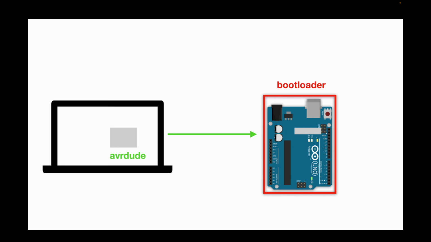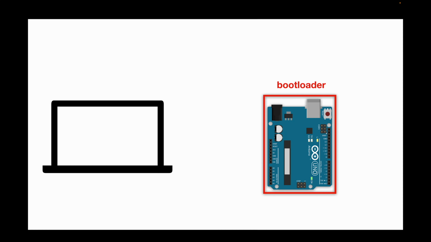Our binary is sliced into chunks, and these chunks are then uploaded, and the bootloader stores it into the flash memory of the microcontroller. Now the binary is stored in the flash, and the next step is that the Arduino resets itself. And now the bootloader checks again if there is someone who tries to upload a binary, but now it's not the case. And so it just continues to run our sketch.